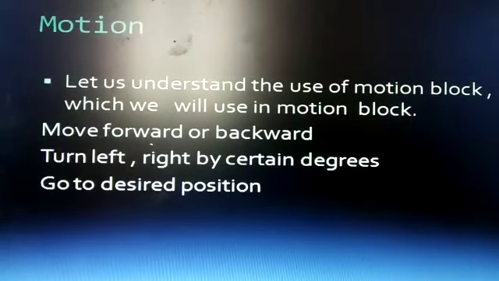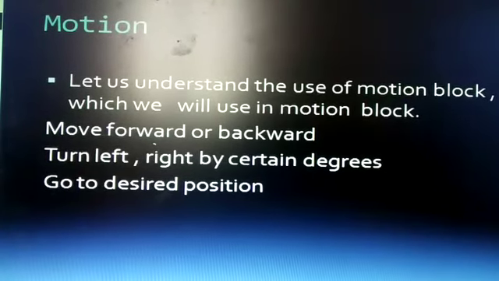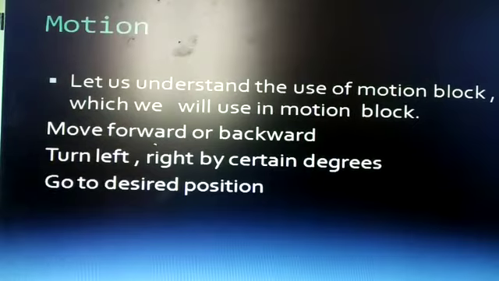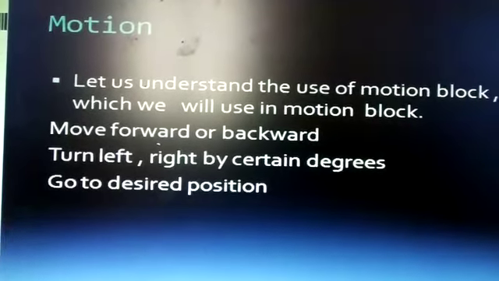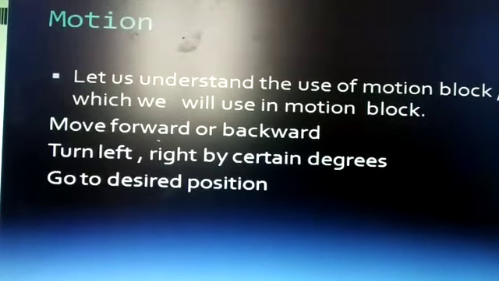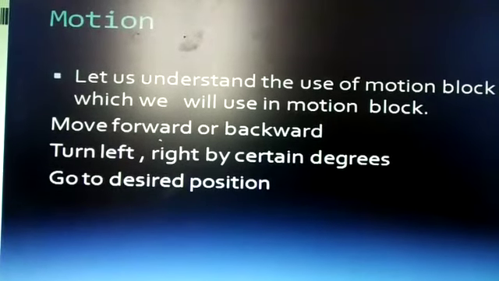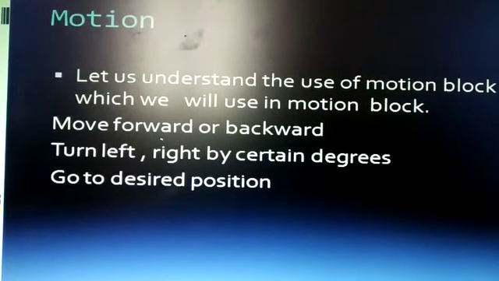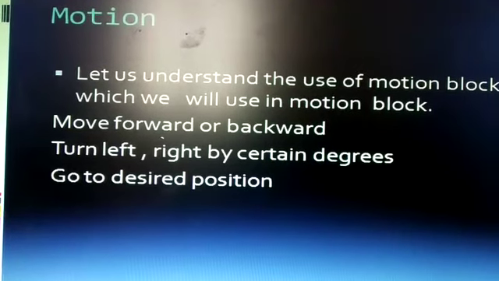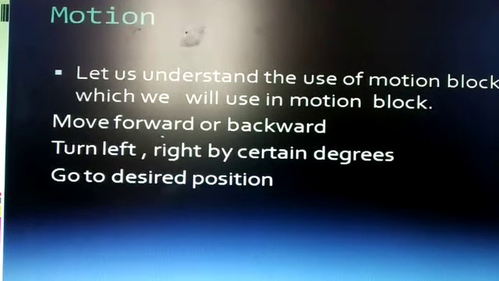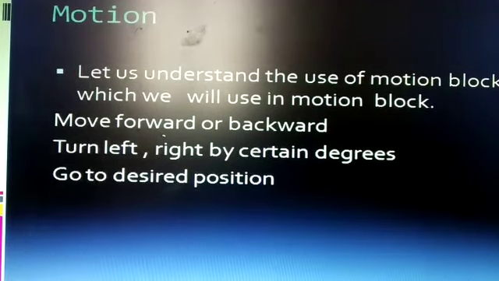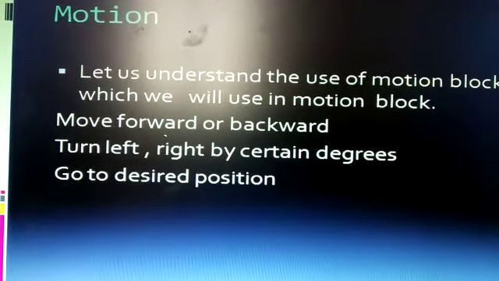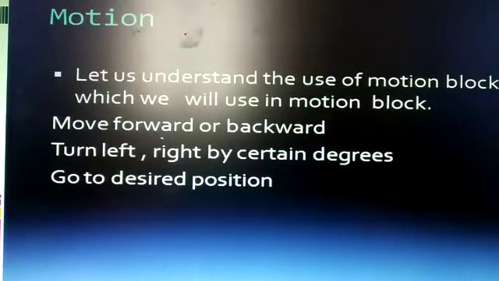You can move your sprite forward or backward using this motion block. Turn left or right by certain degrees, go to the desired position, whatever instruction you give, with the help of the motion block. Now we will see how to use this motion block.